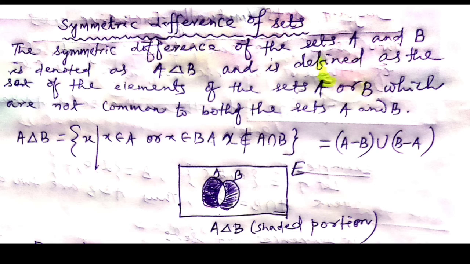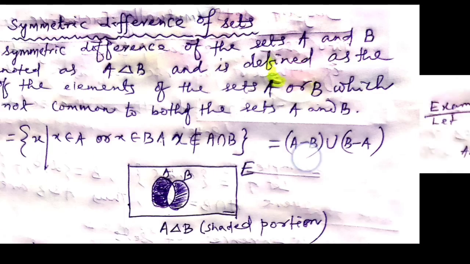That is, A symmetric difference B is the set of all x so that x belongs to A or x belongs to B and x does not belong to A intersection B. It is also equal to the union of the sets A difference B and B difference A. Look at the Venn diagram. On this Venn diagram, the shaded portion shows the set A symmetric difference B.